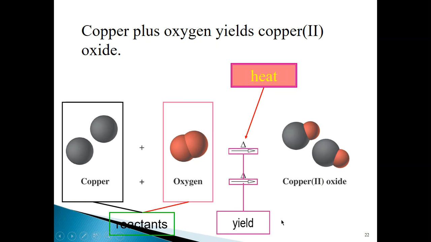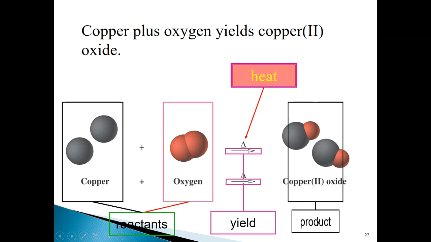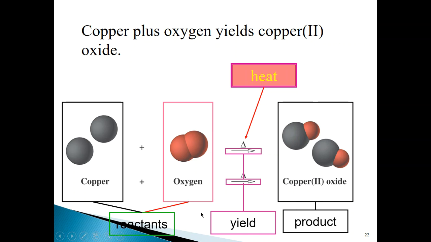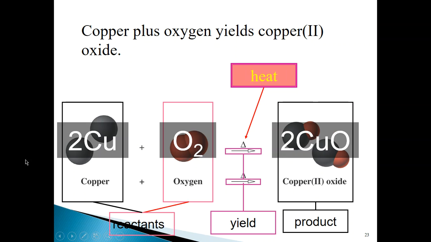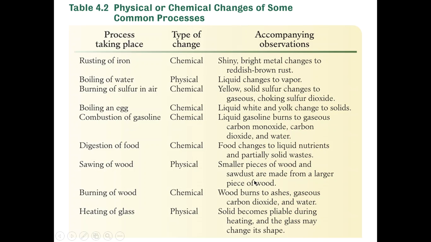And the product, of course, would be the copper(II) oxide. So this is another example of a chemical equation that you see here, 2Cu + O2 → 2CuO. All right. As I said before, later on we're going to learn how to actually write down an equation to accurately represent what is happening in a chemical reaction.